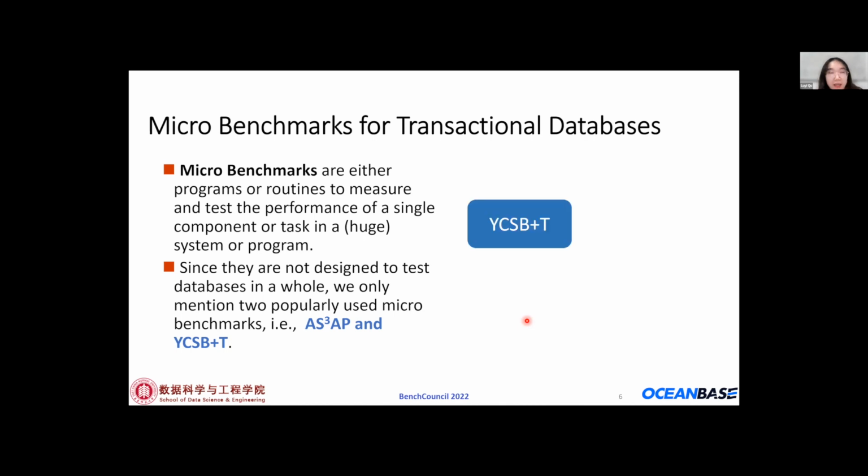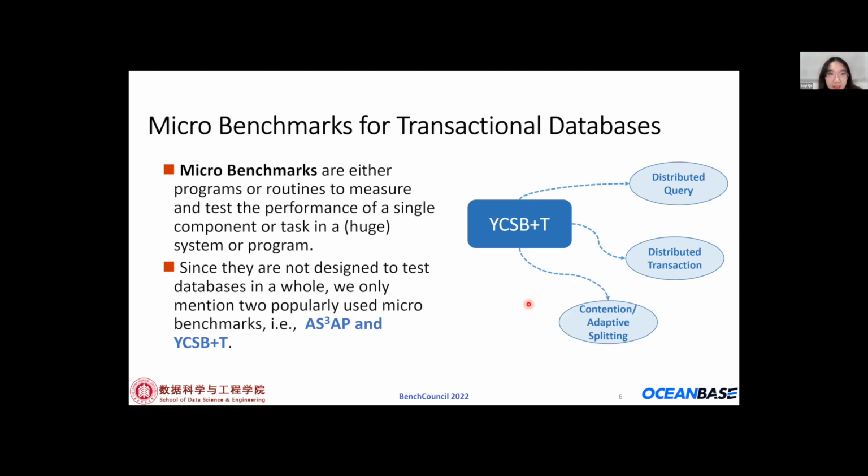It is an extension of YCSB. YCSB+T provides six types of transactions by wrapping CRUD operations. Specifically, the scan transaction may cause distributed queries. The read-modify-write transaction updates two rows each time, which may introduce distributed transactions.